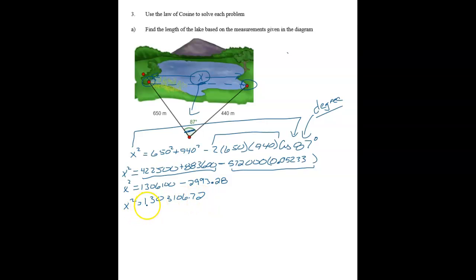So 1,303,106.72. And now to go from x squared down to x, you have to take the square root.